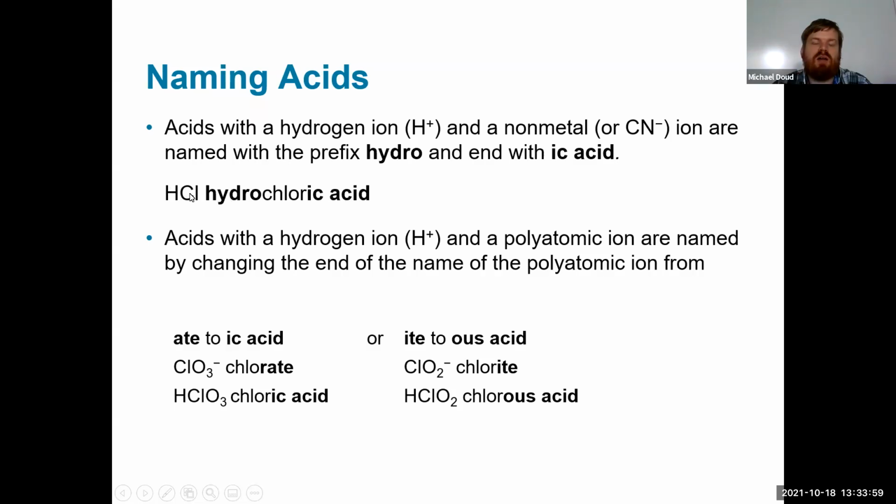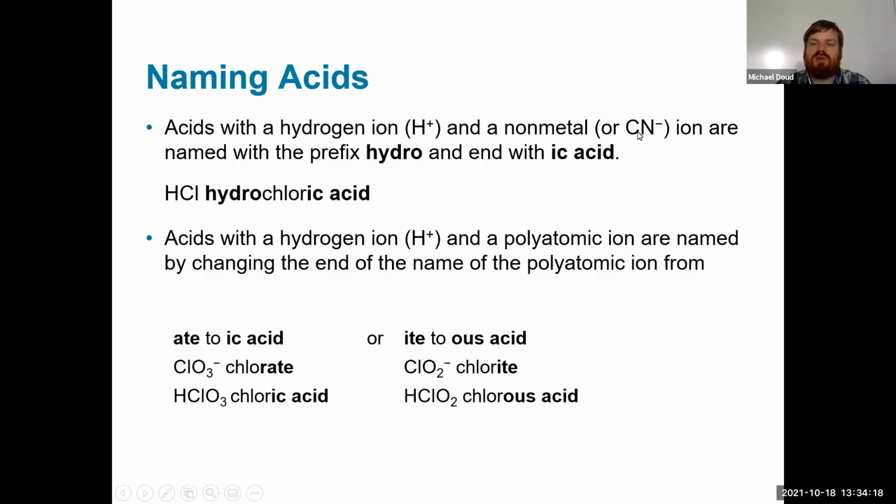So for example, HCl, it's acid of chlorine, right? Cl is chlorine. The root of chlorine is chlor. So we add hydro to the front, hydro, then the root, chlor, and then finally ending with ic acid, so hydrochloric acid.